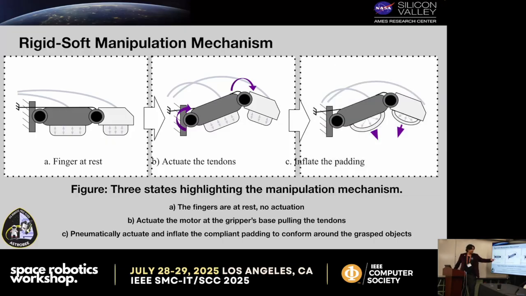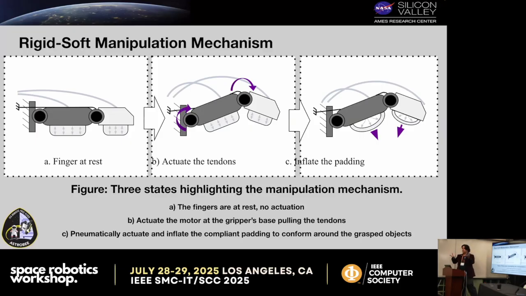Then we actuate the soft padding itself. The idea is that when you have an object within the purview of where you want to grasp, on orbit in microgravity, like a screwdriver for example, you first actuate the gripper to a place where, instead of conforming with the rigid claws, you get to a place nearby, and then you pneumatically inflate the soft padding.